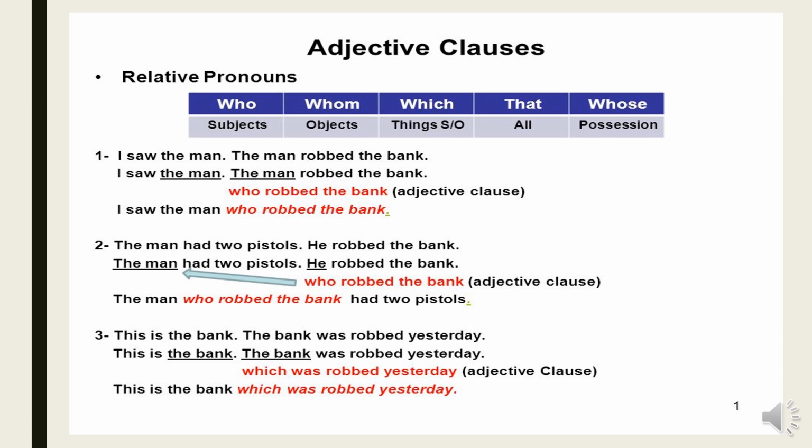The man who robbed the bank has 2 pistols. This is the bank. The bank was robbed yesterday. This is the bank which was robbed yesterday. Okay, so here it shows us how we can use adjective clauses in combining sentences.